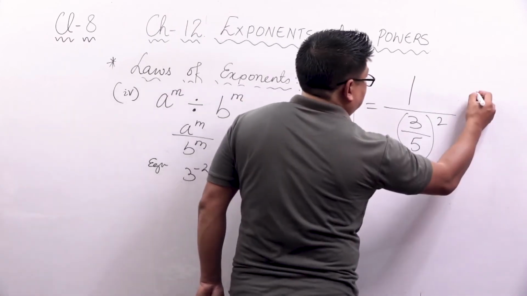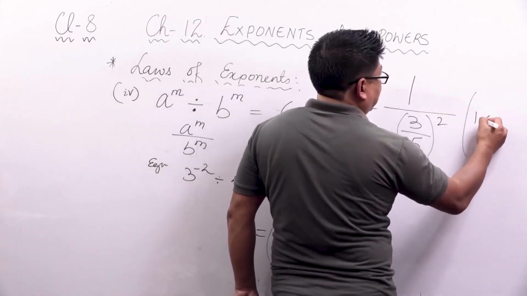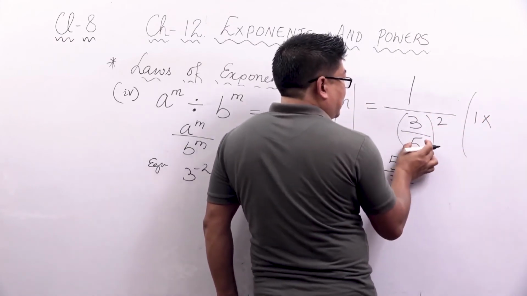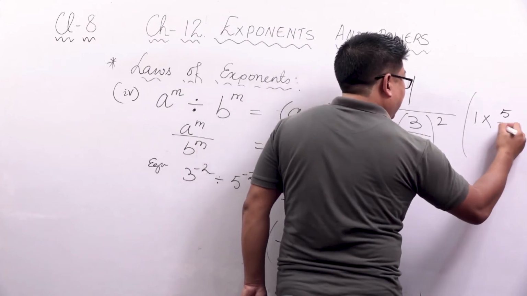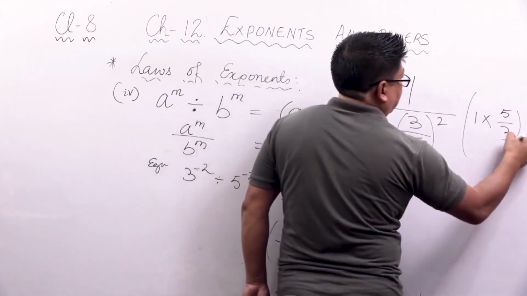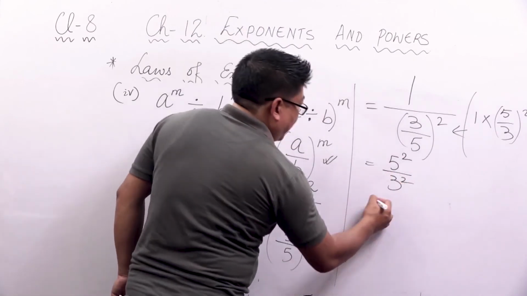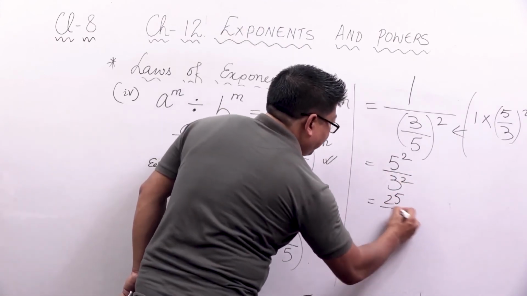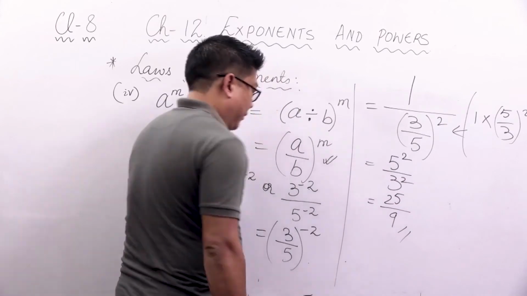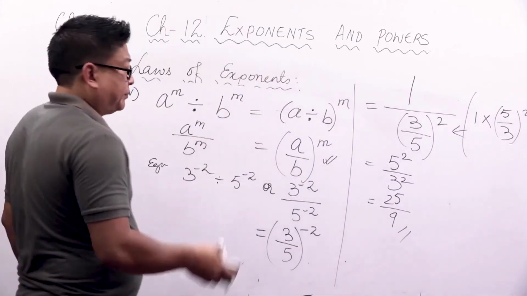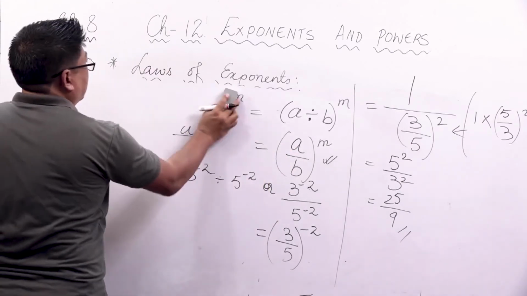That means 1 I'm keeping as it is, this divide I'm changing to multiply, and when I change this to multiply, 5 will come here and 3 will come down. This is the step. So we have 5 square is 25, 3 square is 9. So this is the fourth law.